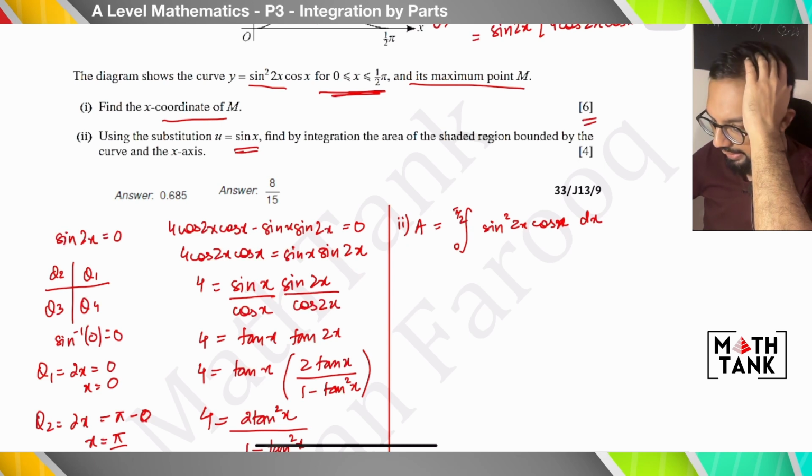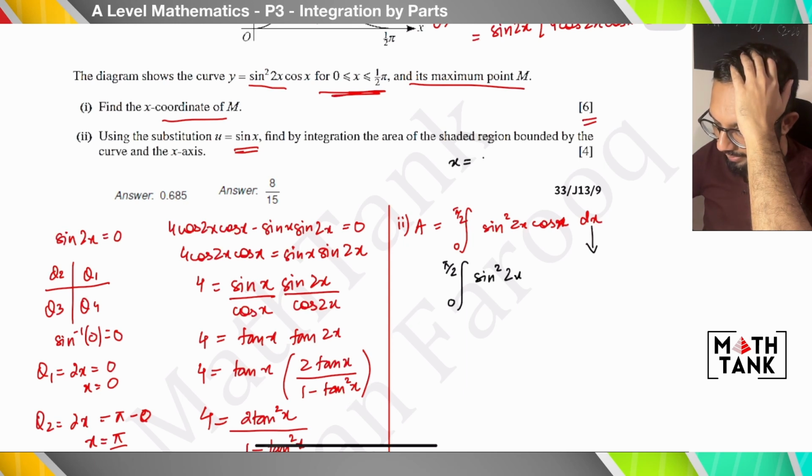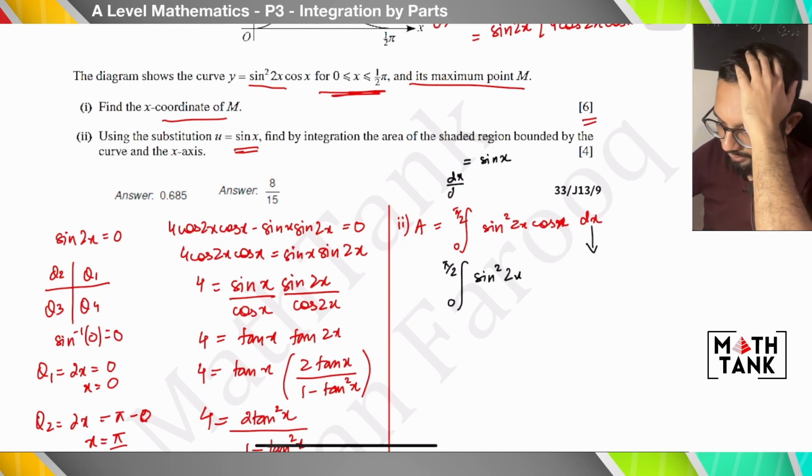So I will substitute what I see immediately, u equals sine x. Whatever I see, I'm going to substitute. I don't see anything that is substitutable right now, so I'm going to try to replace dx first. So du over dx should equal cos x, and dx should equal du over cos x.